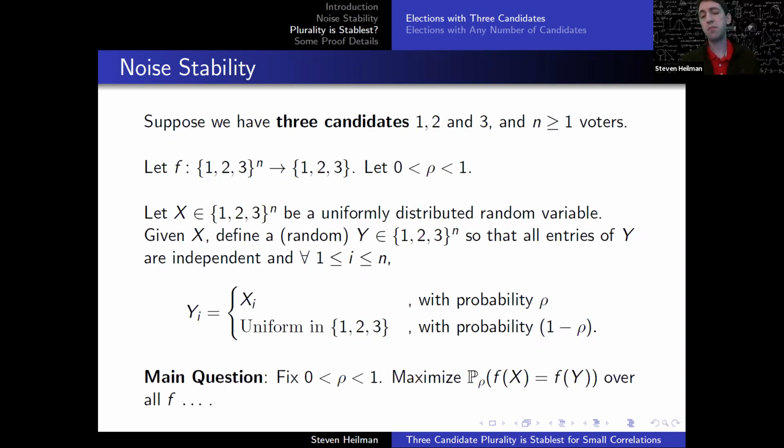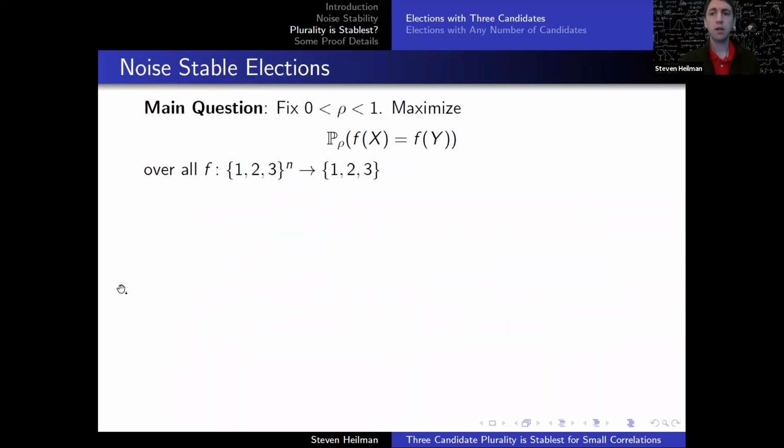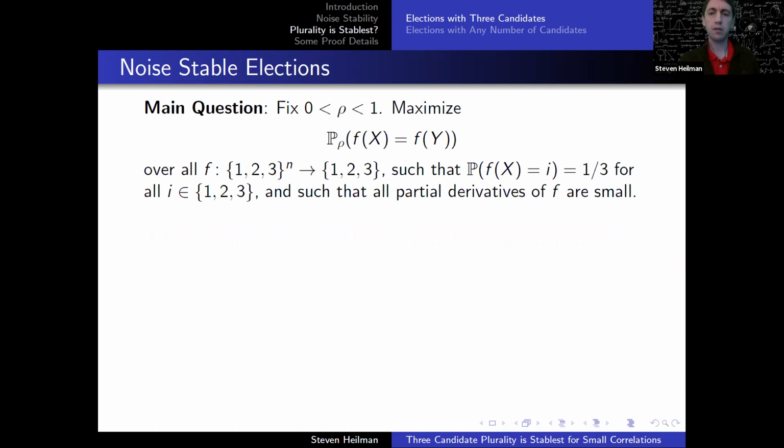Same question: we want to maximize the probability that f(X) equals f(Y). As we remember from before, we need to add some extra assumptions, analogous to before.